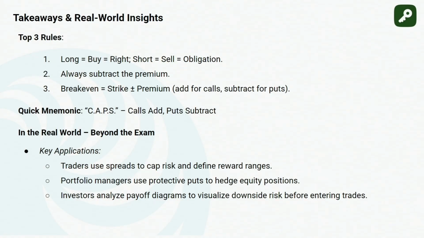The writers of the options have the obligation and in exchange collect the upfront premium from selling the option. To calculate the profit and loss, always subtract the premium that's paid on the long side. The break even is the strike plus the premium for calls. It's the strike less the premium for puts.